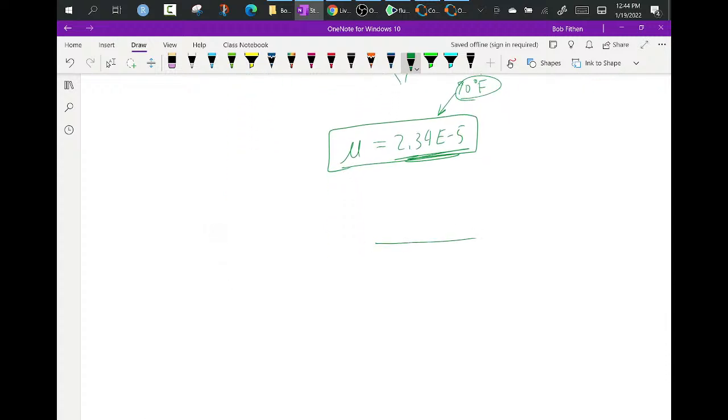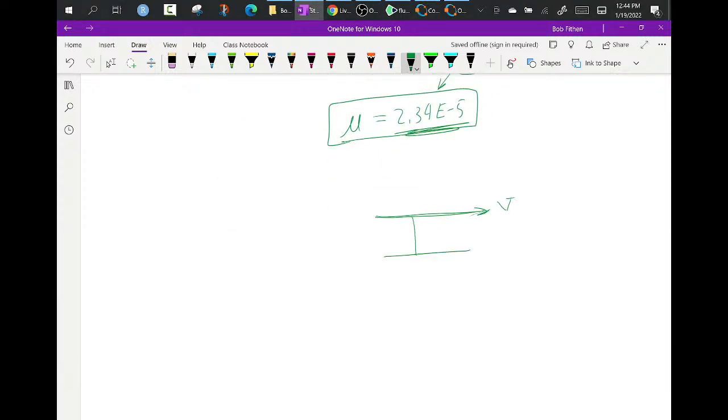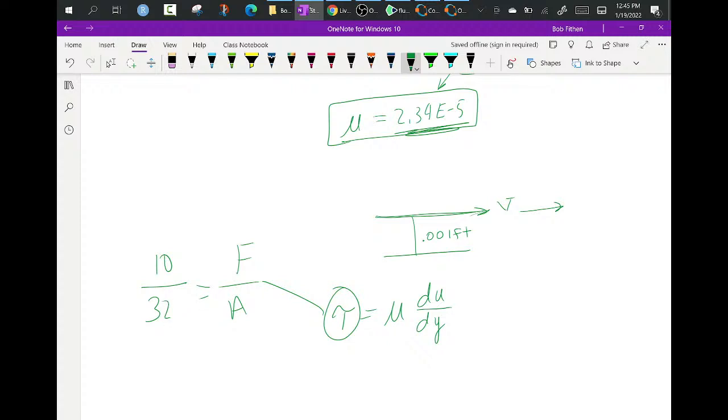If you zoom in on it, what you see is the top moving along at a velocity. You see it being 0.001 feet deep, and you have a force over it. So the equation I'm looking at is this. This is a force per unit area, or 10 pounds applied over 32 square feet.